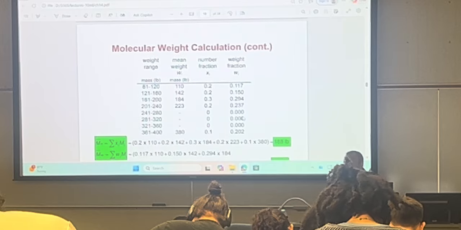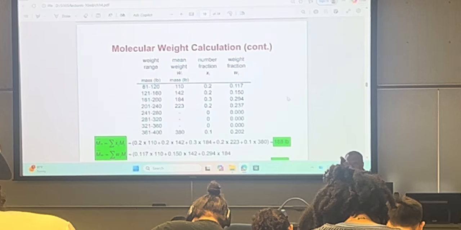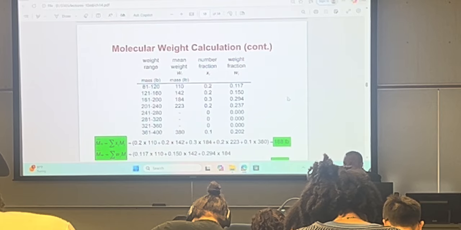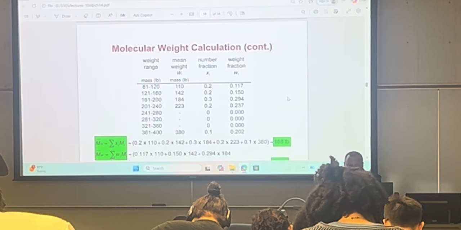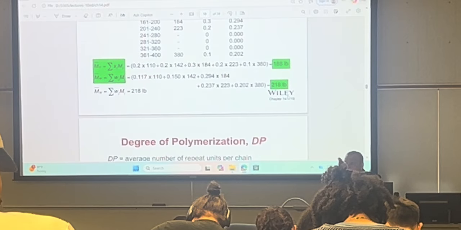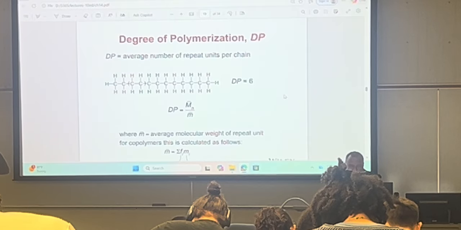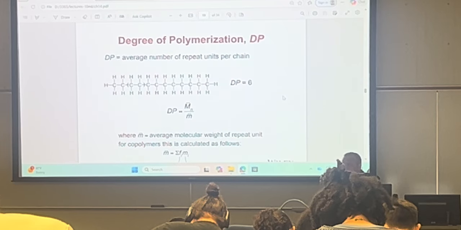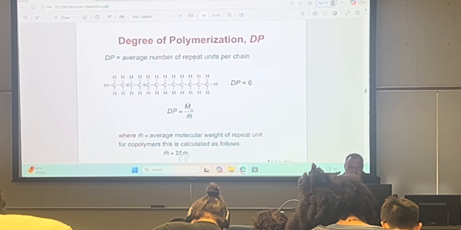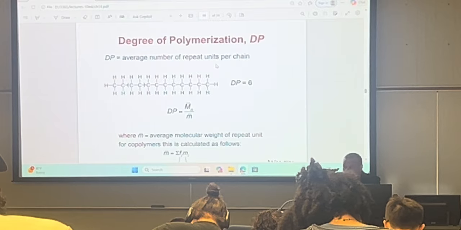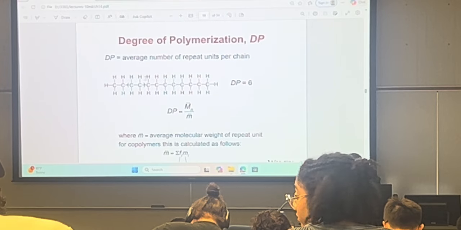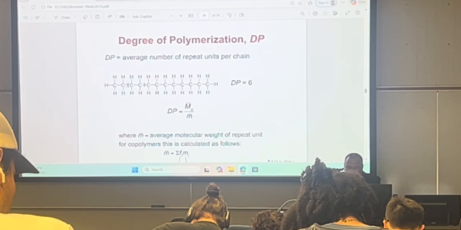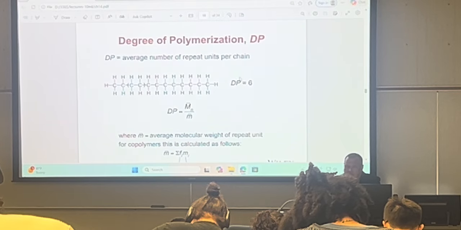Okay, any questions about the statistical distribution and characterization of polymers in terms of the molecular weight? Number fraction versus weight fraction? Okay, degree of polymerization is another parameter that is the average number of repeat units per chain. So here is the repeat unit, and we can just count that number.